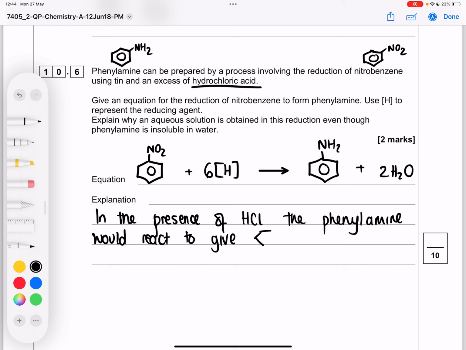So we could do that NH3 plus Cl minus, which is ionic and therefore soluble.